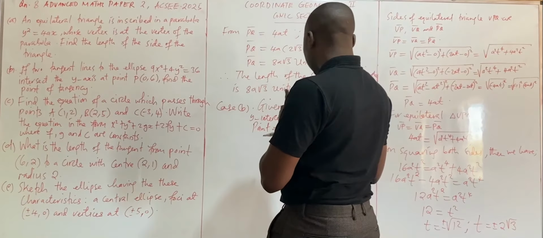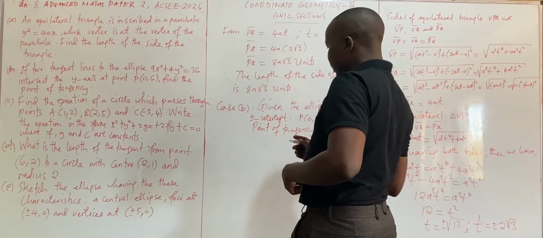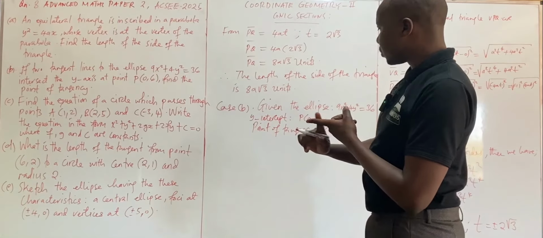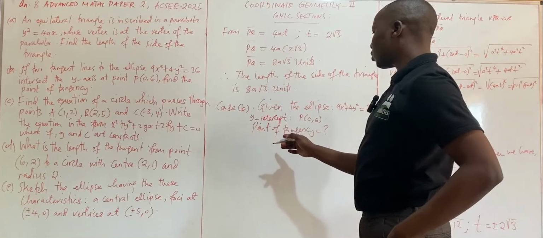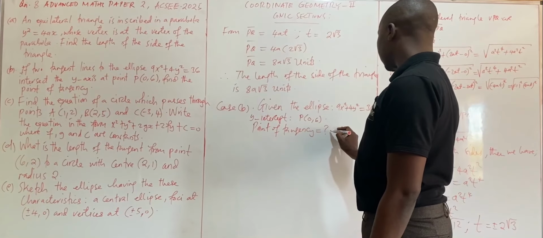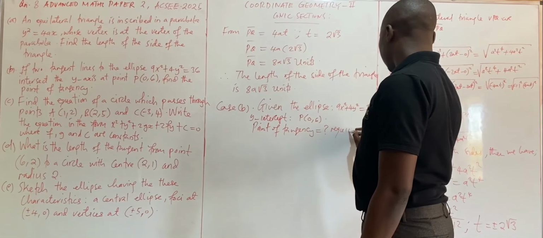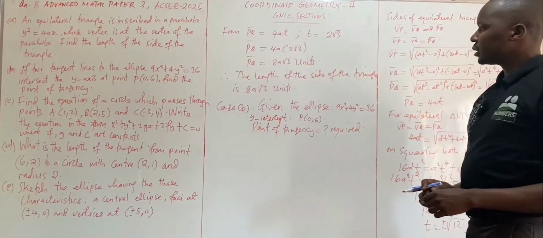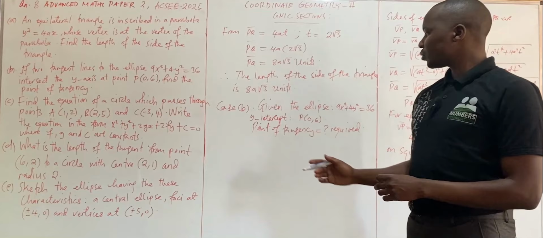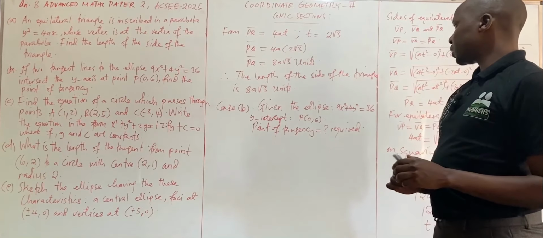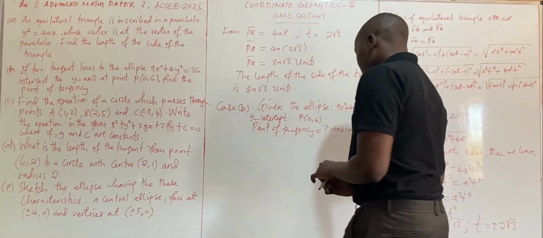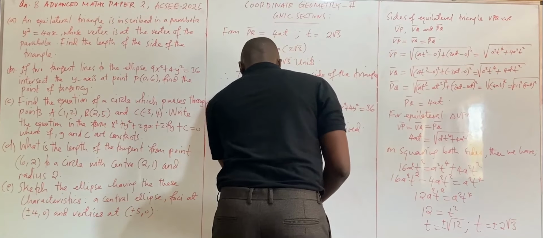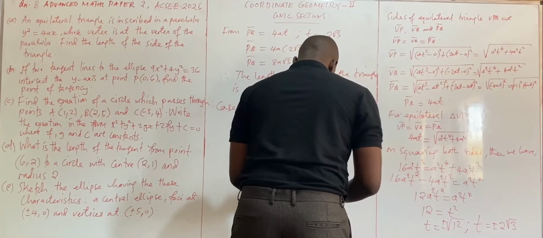Where the tangent line and the ellipse meet at that one point, that one point is what we call the point of tangents or the point of contact. So this is what is now required. And here it means we have two tangent lines, so we are supposed to find the points of tangents, which are supposed to be 2. Now, if that is the case, let's see how we can solve this problem.